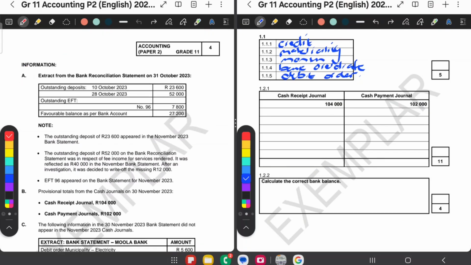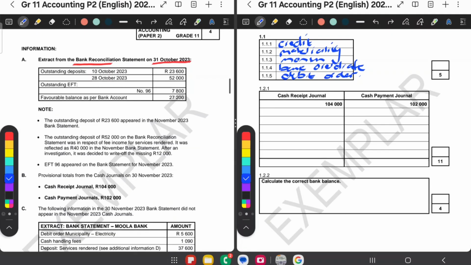Information A gives us an extract from the bank recon of last month. So this is the previous month. What you must remember here, grade 11s, is that everything here should appear on this month's bank statement. Okay? So let's see.